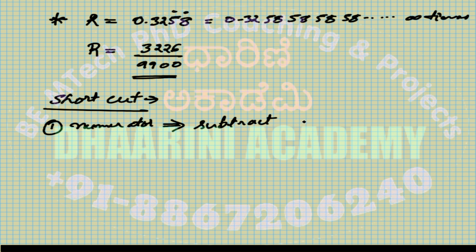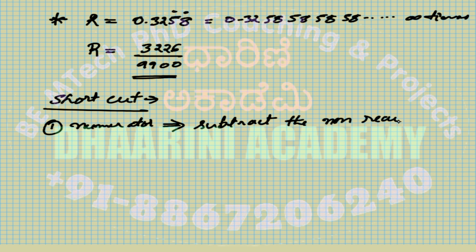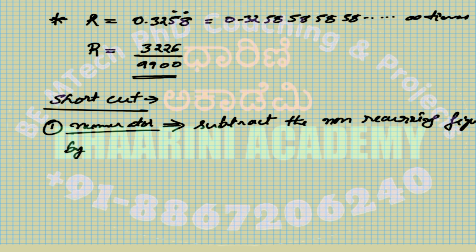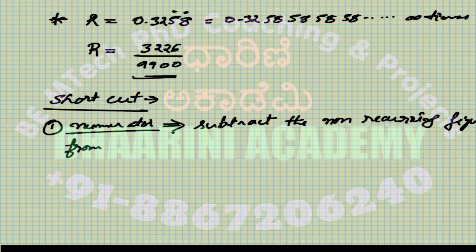You can obtain the numerator simply by subtracting the non-recurring figure from the given figure. This is the numerator.